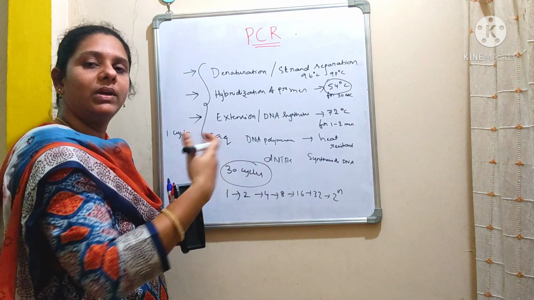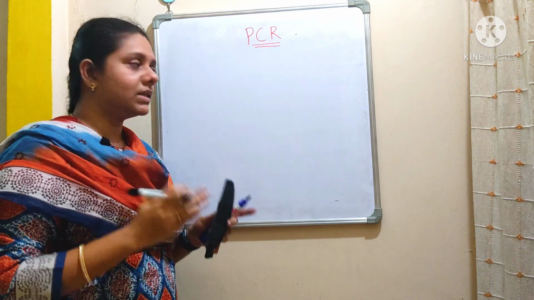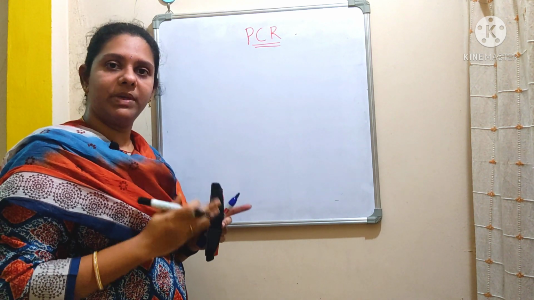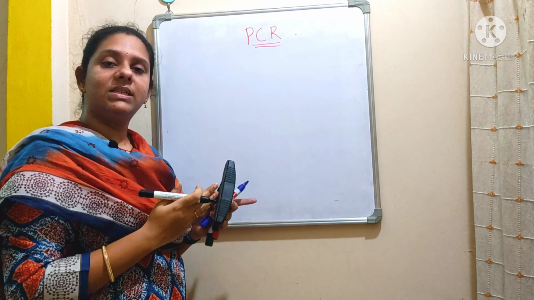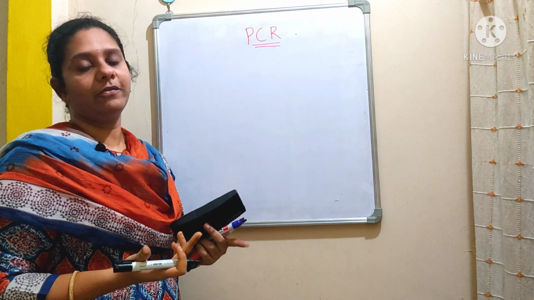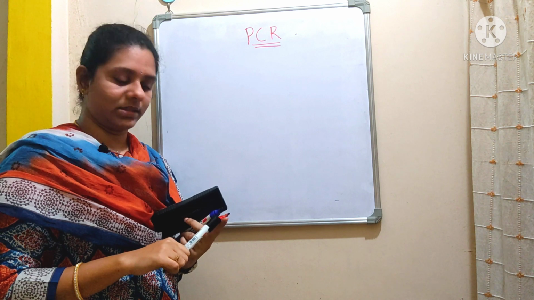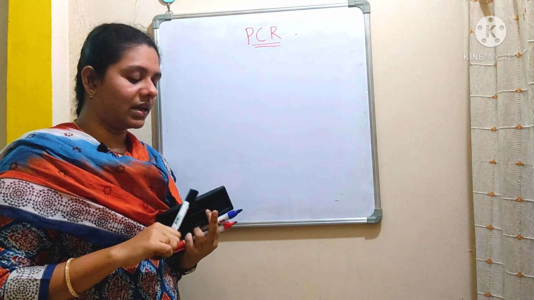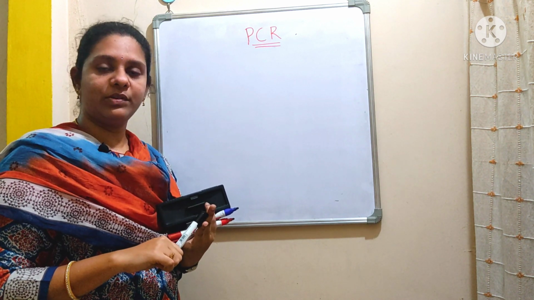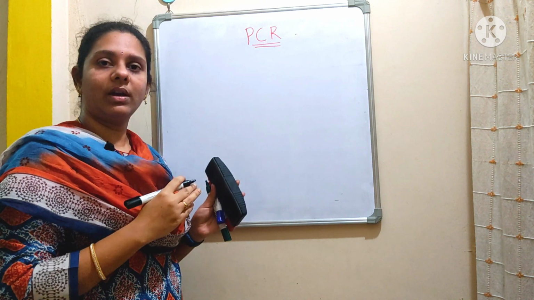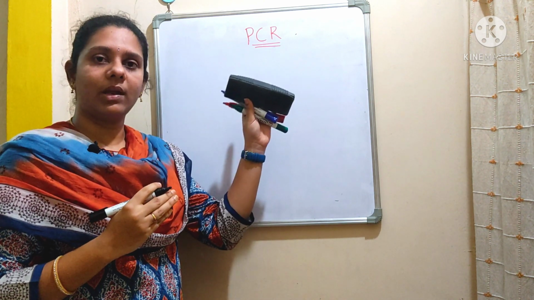In this way at the end we get billions of copies of DNA. These are the 3 important steps of a PCR. And this PCR can be applied in several fields, like molecular diagnosis, forensic science, and also evolutionary studies. So let's talk in detail about the PCR procedure.